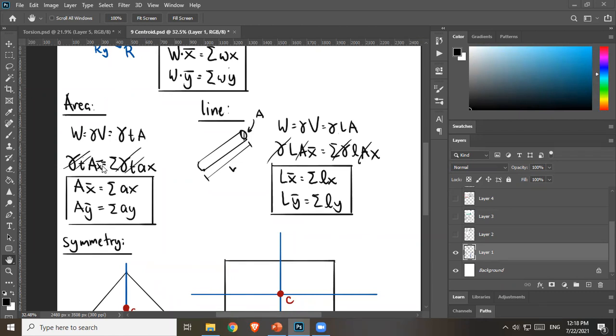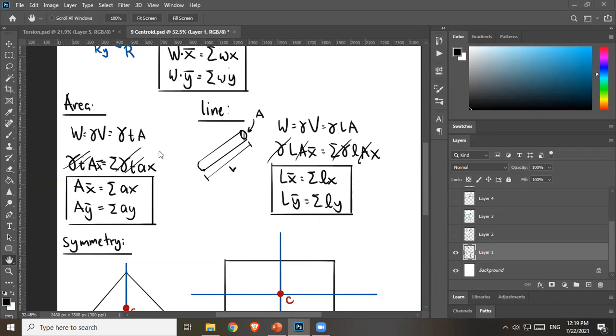So distance of its centroid from the y-axis is equal to, then you're going to divide that weight into smaller parts. So unit weight is the same no matter how small your object is. Thickness is the same since it's uniform. And then instead of capital A, we have small a to denote its smaller parts. And then x, so the distance of the centroid of that smaller area from your reference axis.